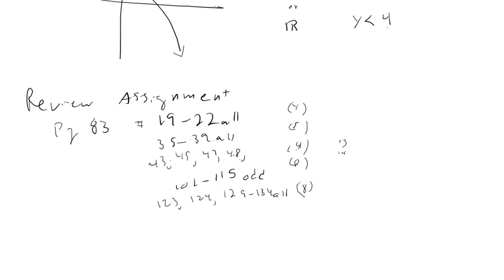Of these 30 questions, you must do 15. Half the questions. You only need to do half of them. I want 15 questions. You can pick whichever ones you want.